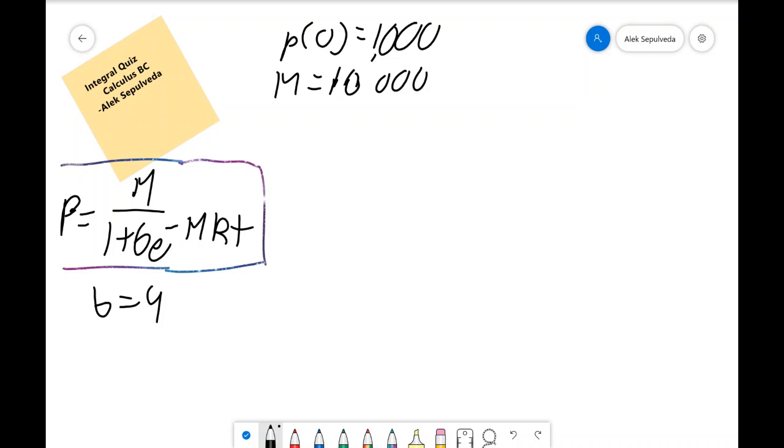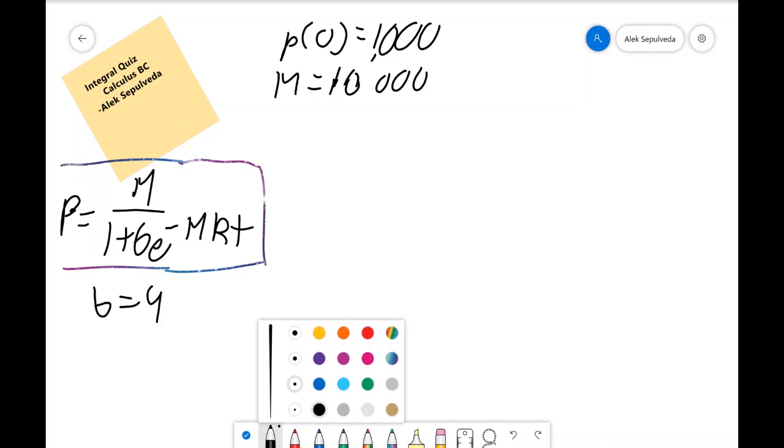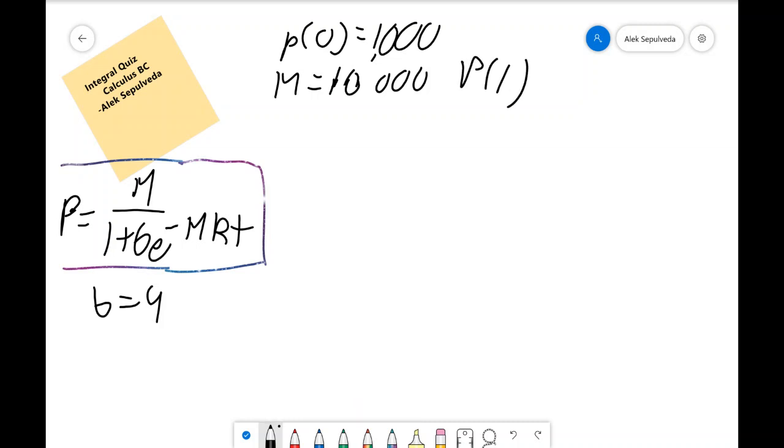Now we need to find out what our constant k is. We have P1 is equal to 2,500, so we can use this equation.